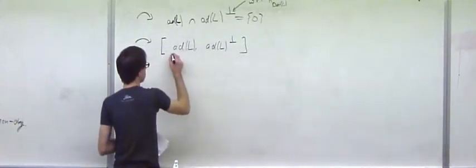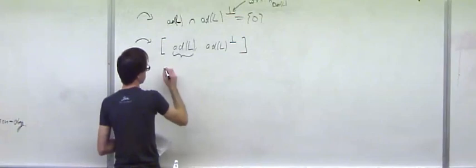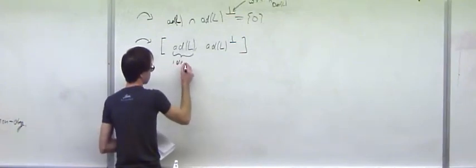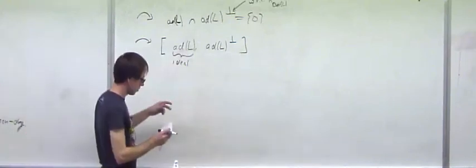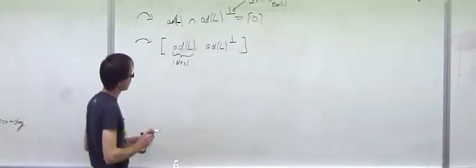So what do we get when we form the commutator of an element of ad L and an element of ad L orthogonal? So ad L is an ideal. We showed this as the first step in our proof.